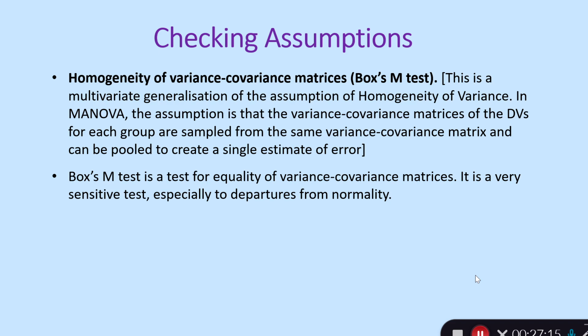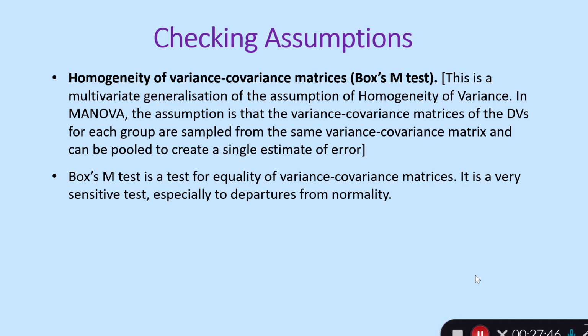If our normal alpha level is 0.05, it's been suggested that because this test is sensitive and will suggest there are significant differences between the variance-covariance matrices when there are only trivial differences, we need to make the alpha level stricter so we don't find a significant result when it's not really an issue.